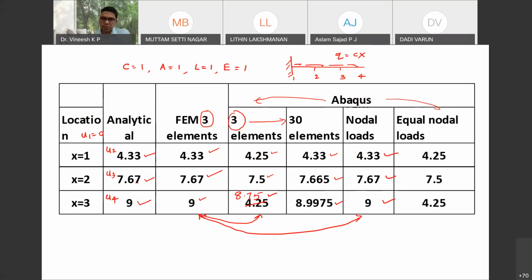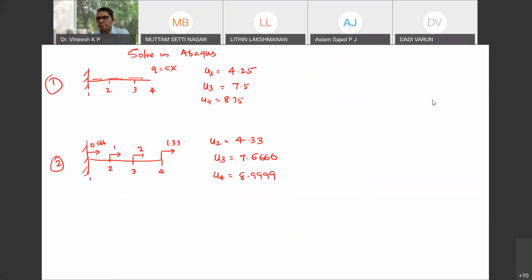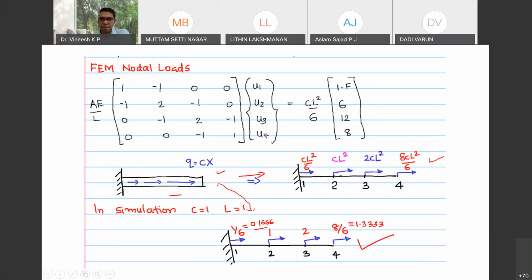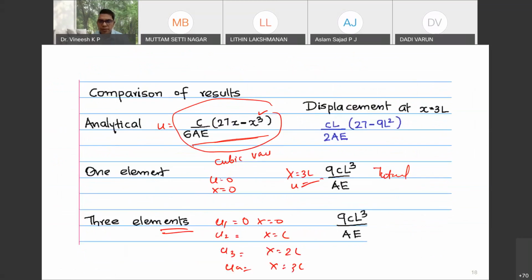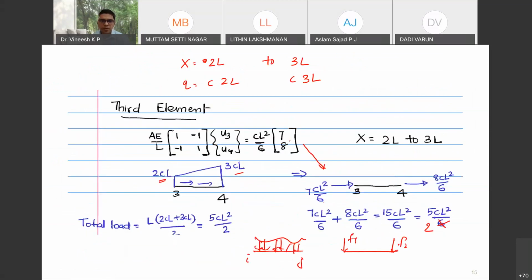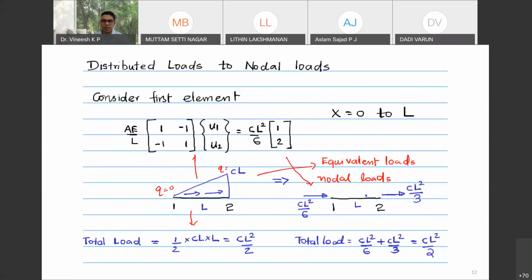One thing, the last tutorial. So what I gave to you. Just a second. So this is the first element and second element. So what we have done here. If you look at, this is a total load. I hope you remember this one. The total load is CL square by 2.